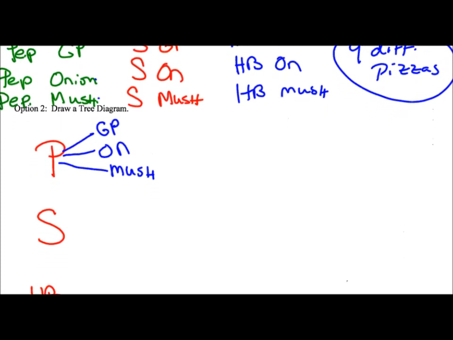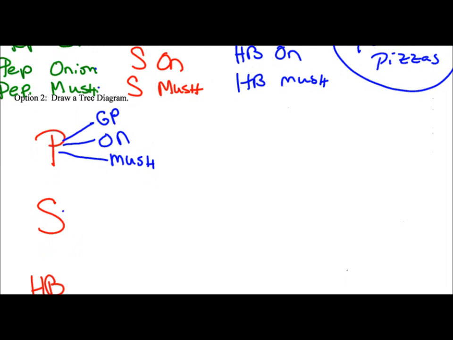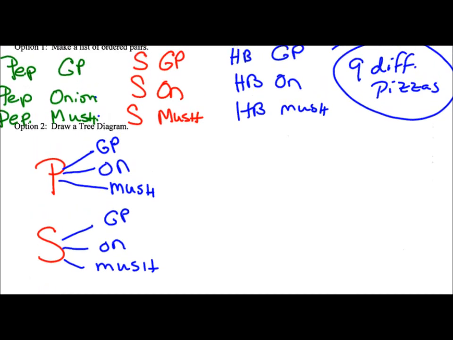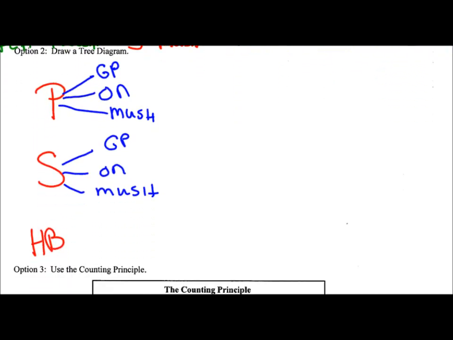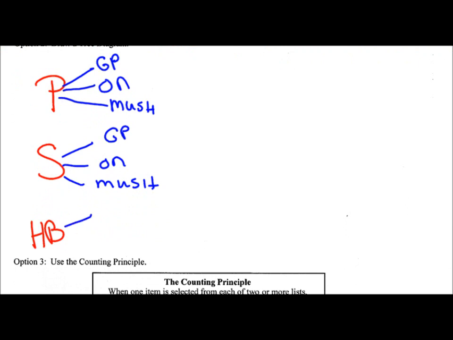Sausage, again, I could get my sausage with green peppers, with onions, or with mushrooms. And there are my 3 pizzas that we had earlier. Or I could get the hamburger, and again, I could get that with green peppers, onions, or mushrooms.